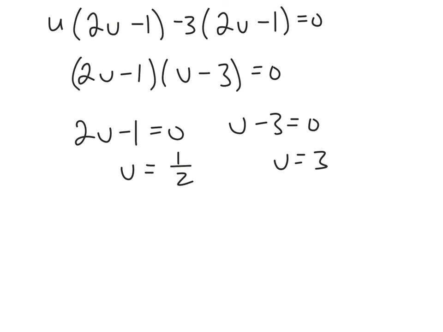All right. Now that we're here, and I have what u is equal to, now we have to go back and substitute back in the value of u. So now I have 3x squared is equal to 1/2, and 3x squared is equal to 3.